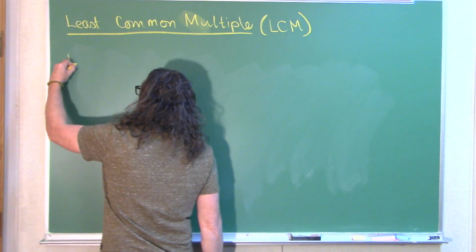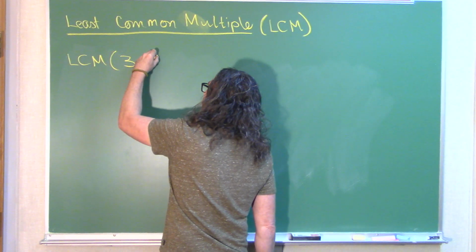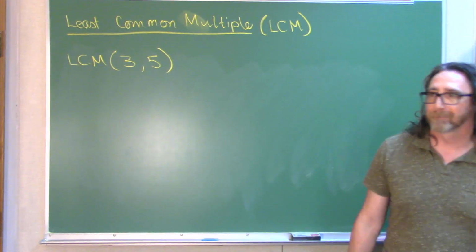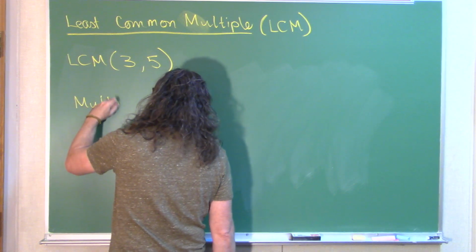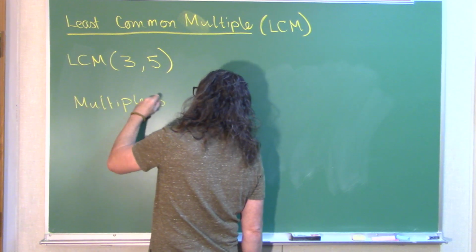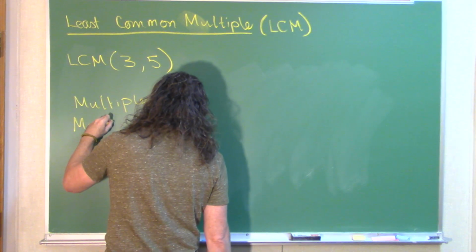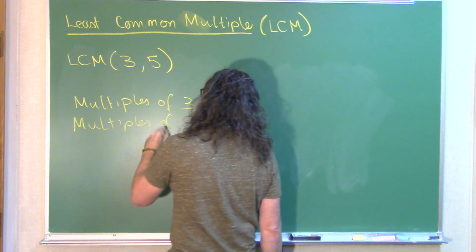So let's say we wanted to find the least common multiple of 3 and 5. So I would start out by looking at the multiples of 3 and the multiples of 5.